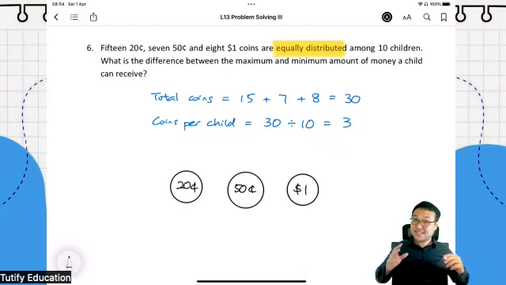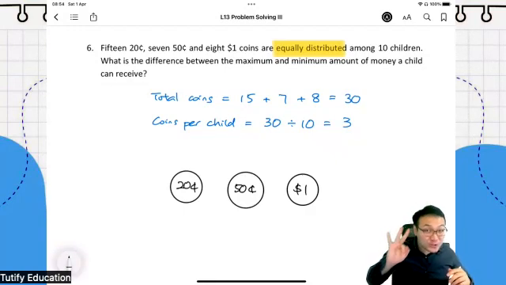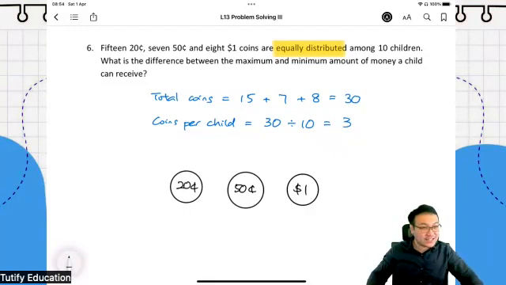If you're very lucky, all your 3 coins, let me ask Jill. Jill, if you're very lucky, all your 3 coins is which one? 20 cent, 50 cent, or $1? All the 3 coins will be $1. Yes, $1. By the way, you understand why it is 3 coins, right?